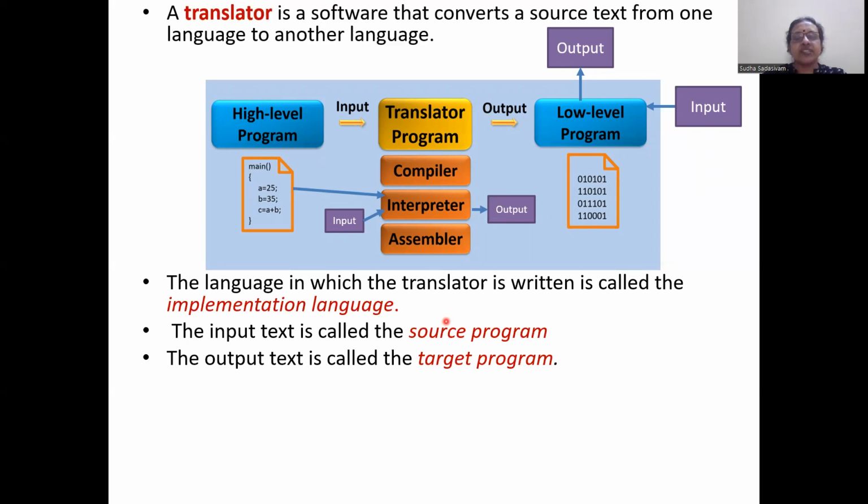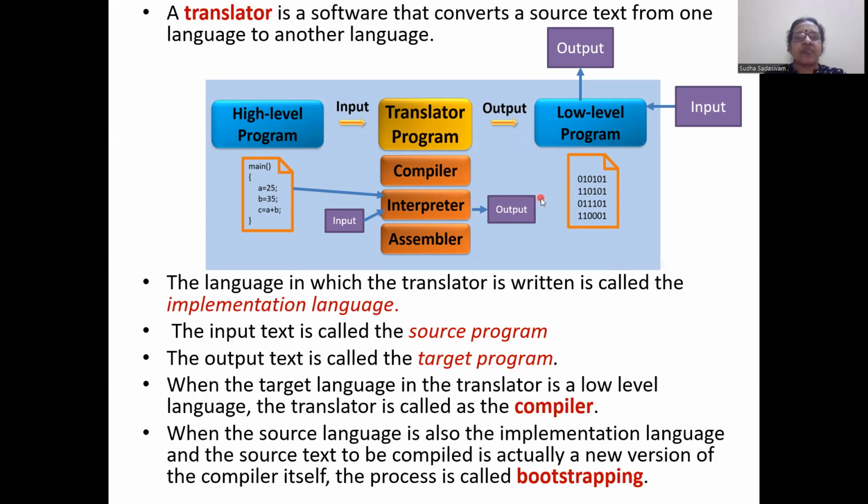The output text that is produced by the translator is called the target program. When the target language of the translator is a low-level language, such a translator is called a compiler, as we have already discussed.